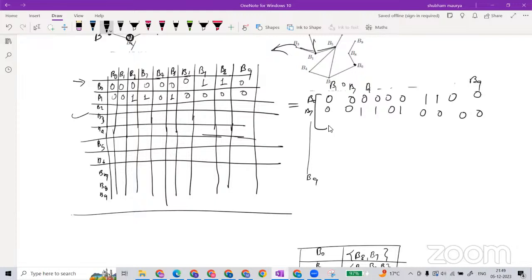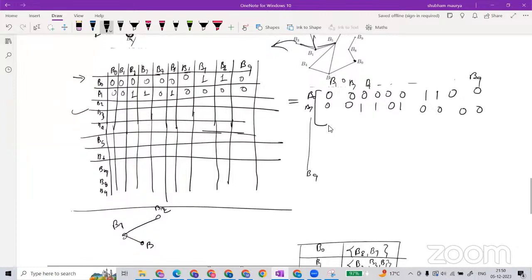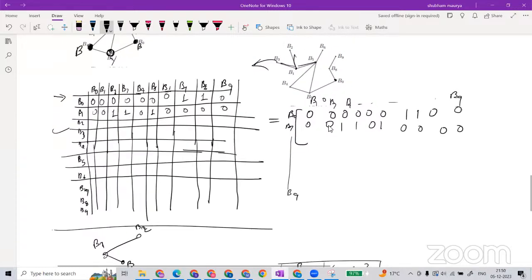Anyhow, you have to make a rough diagram: B1 is connected with B2, and B1 is connected with B3. So you convert the adjacency matrix problem into a graph and then solve it. This could be done when you study week 11.